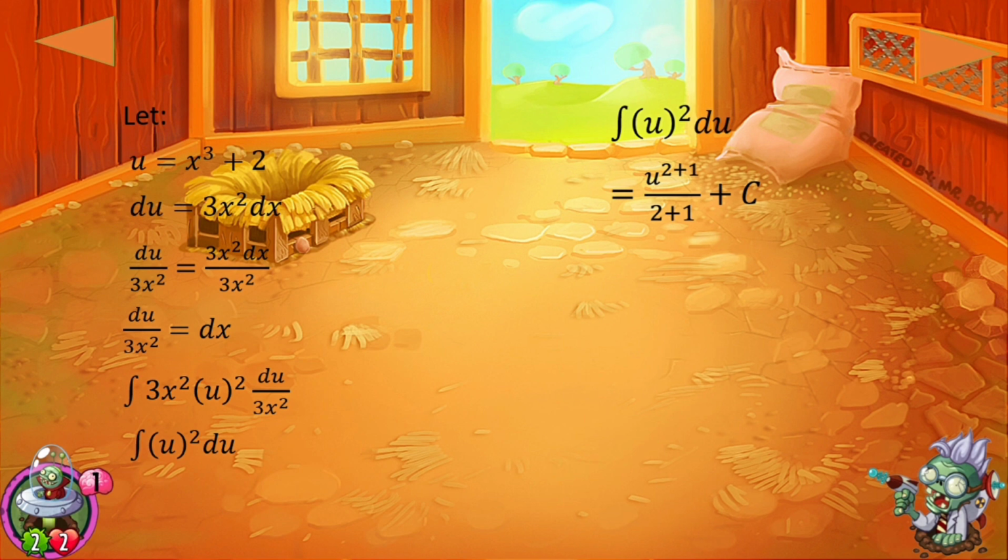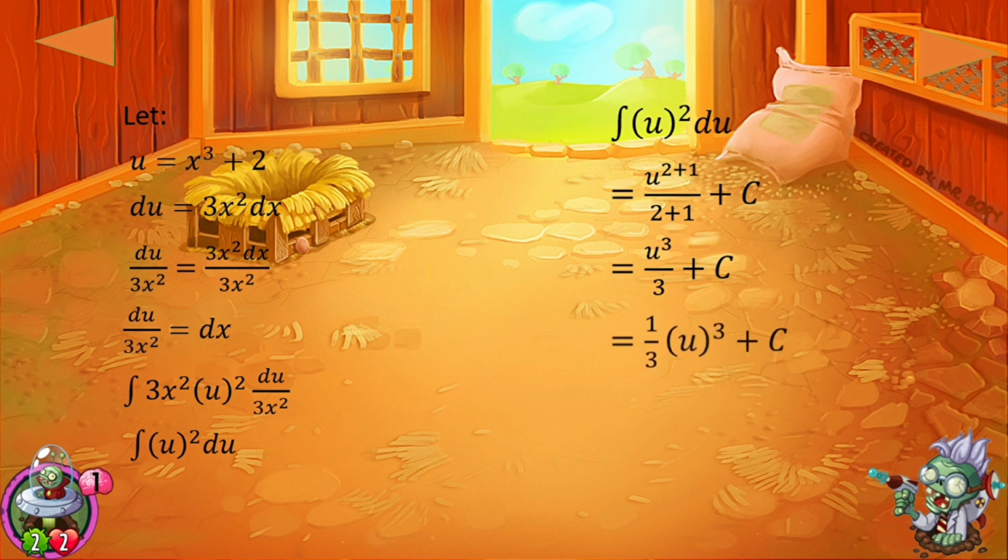So we know that getting the integration using the power rule is u raised to the power of 2 plus 1 over 2 plus 1 plus c. Now we got u cubed over 3 plus c.